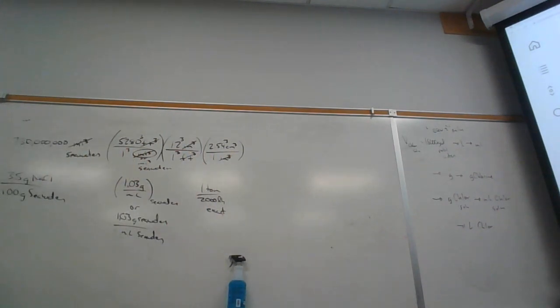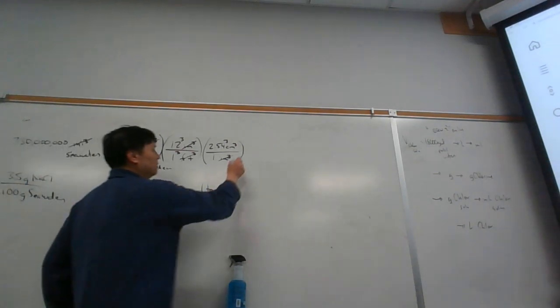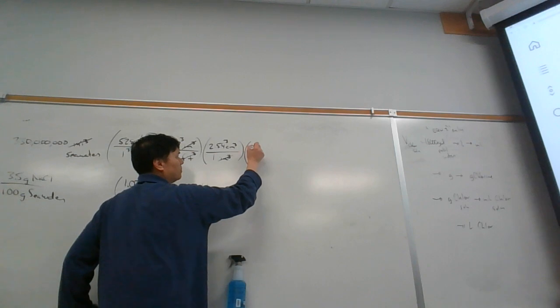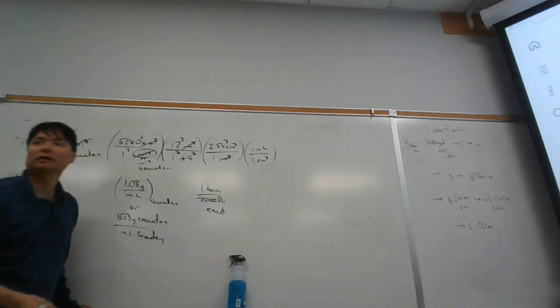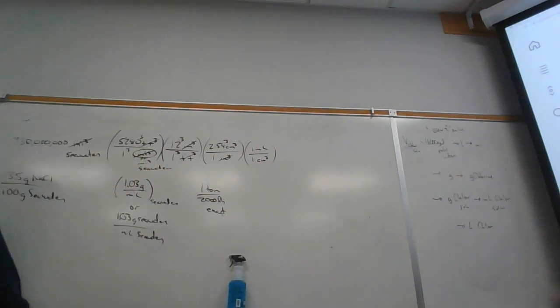And then where can we go from cubic centimeters? Milliliters, yeah. We know that a cubic centimeter is defined as 1 milliliter. So 1 milliliter, 1 cubic centimeter. Do I need to cube everything here? No, this is by definition.